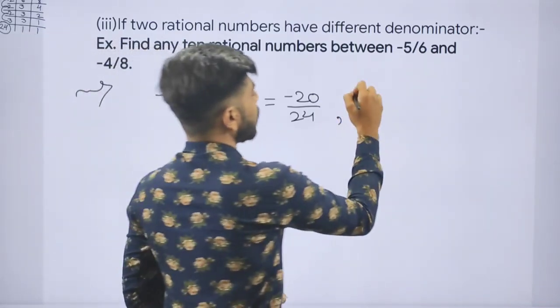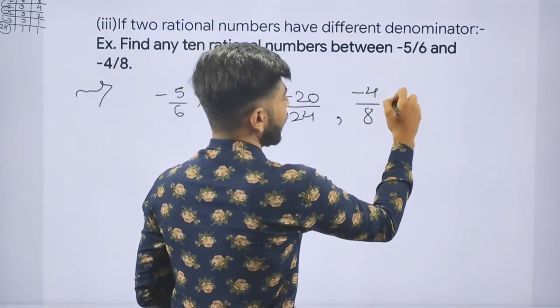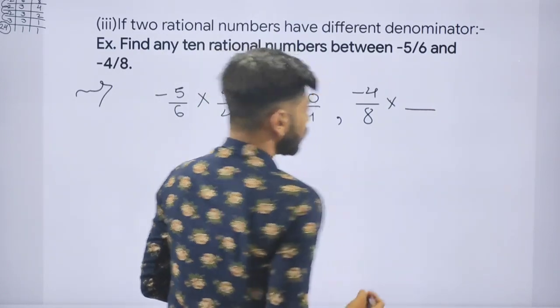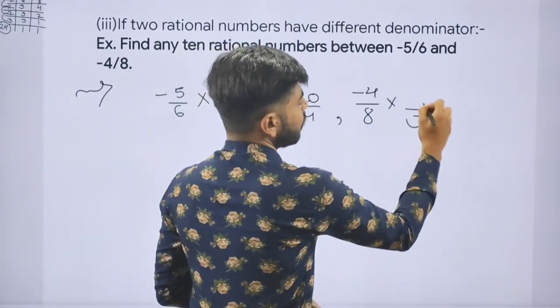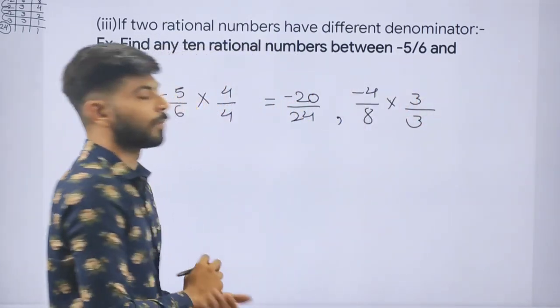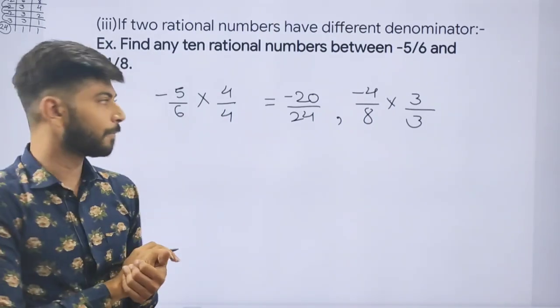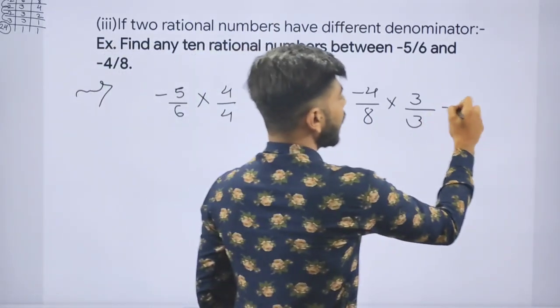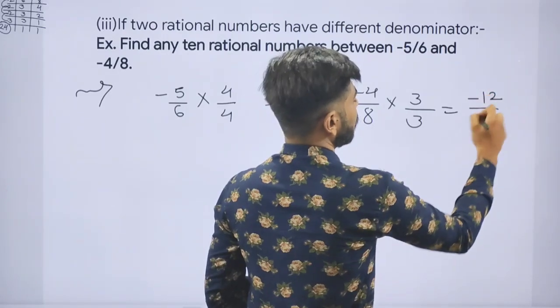Similarly, we will do with minus 4 upon 8: to get the denominator 24, we will multiply it with 3, and we have to also multiply the numerator with the same number. So, we will get minus 12 upon 24.